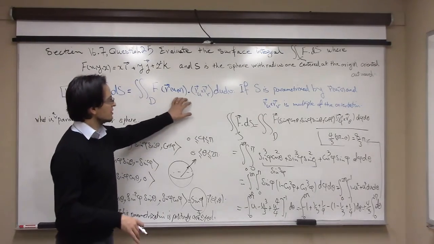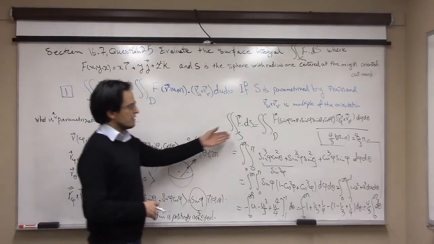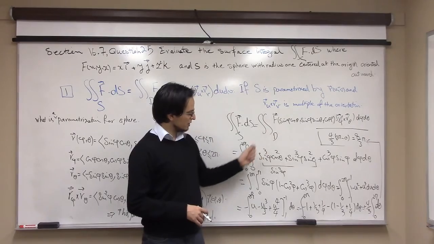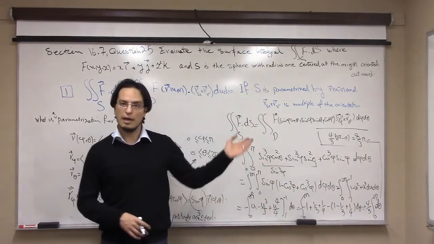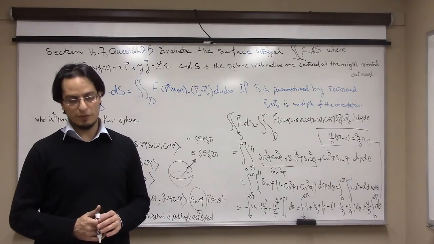Then integrate that function over the region of your parameters. In our case, we did that. We change it to an iterated integral, do the inner one, do the outer one, and we computed the value of the surface integral for that vector field.